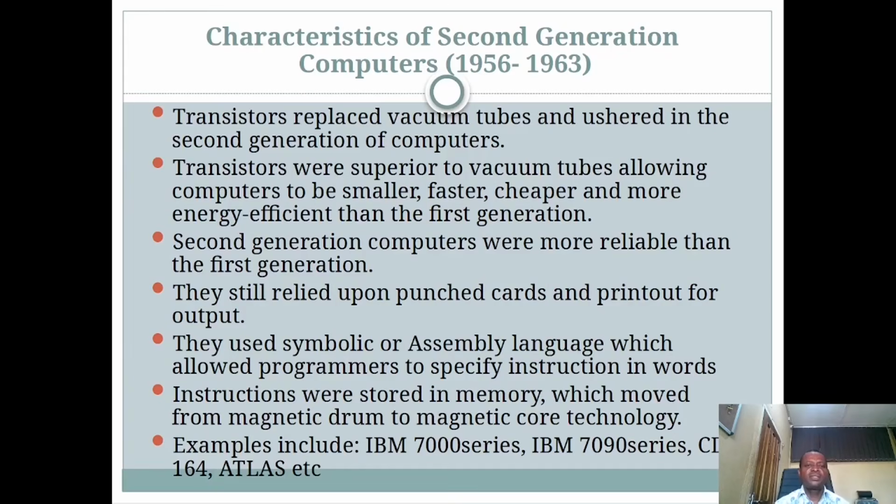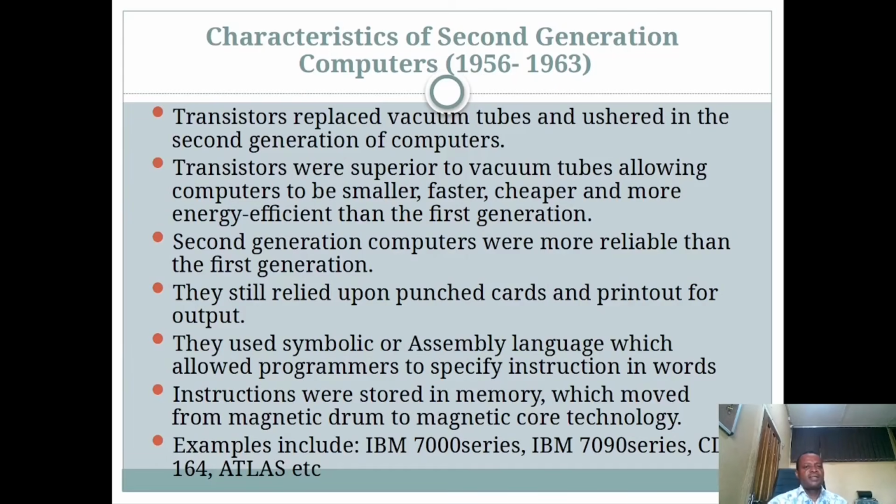Transistors were superior to vacuum tubes, allowing computers to be smaller, faster, cheaper, and more energy efficient than the first generation computers. That means that the first generation computers were very big and could take up a space that could be given to a room.